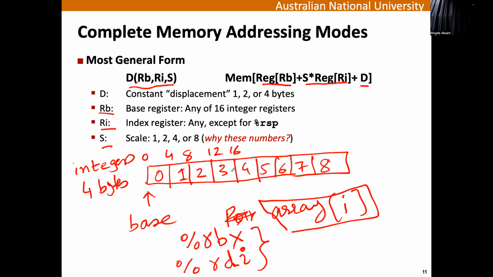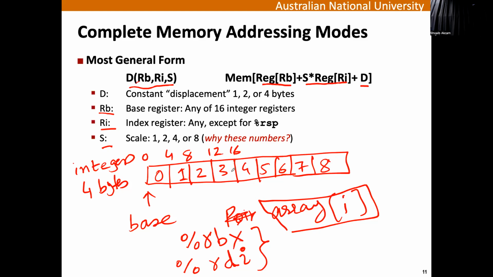So what is the formula? What is the general formula from the base? I want to go where? In terms of bytes. I multiplied by 4. This 4 is the scaling factor.